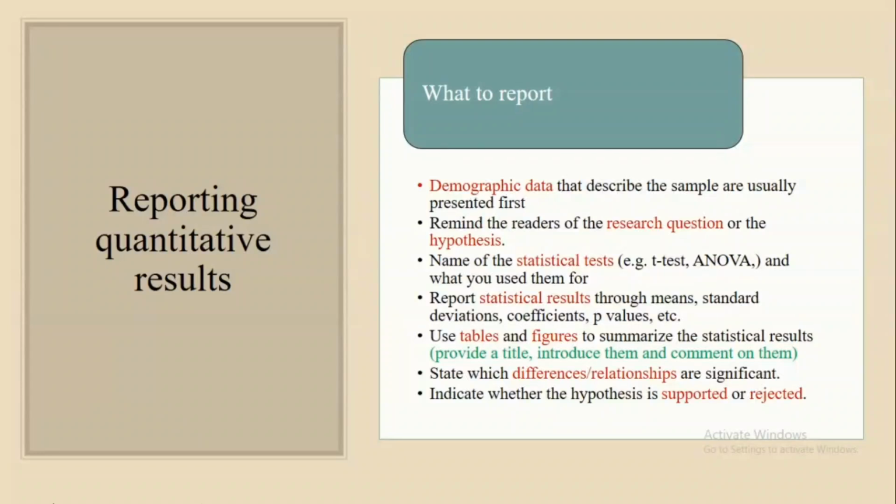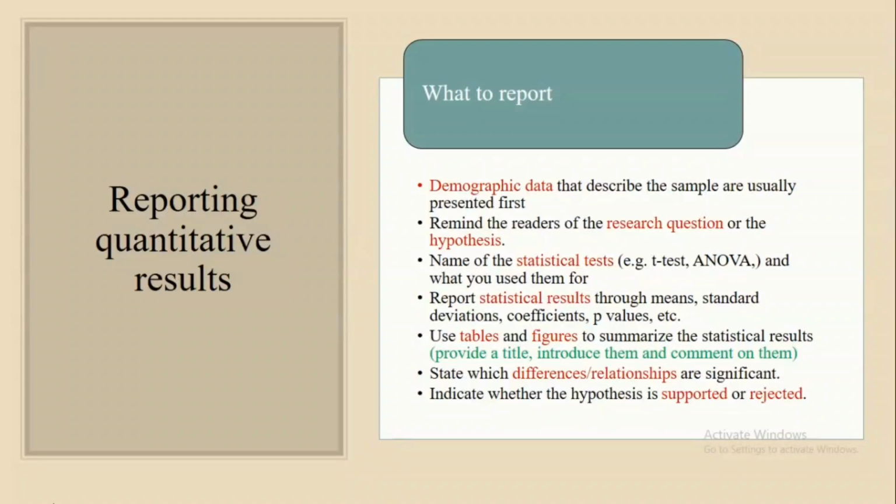Remind the readers again of your research questions or hypotheses. Most of the time, hypotheses take the place of the research question, because the research question in quantitative research is: what is the relationship between this variable and this variable? What is the difference between this group and this group? What is the difference in the score according to that factor between these two groups?